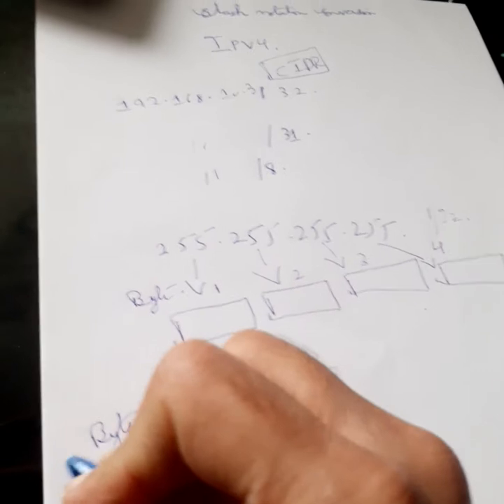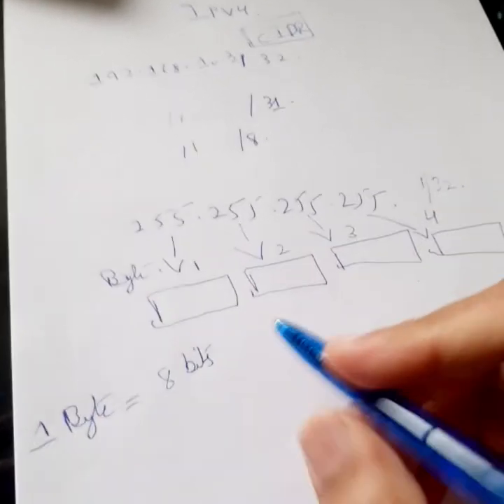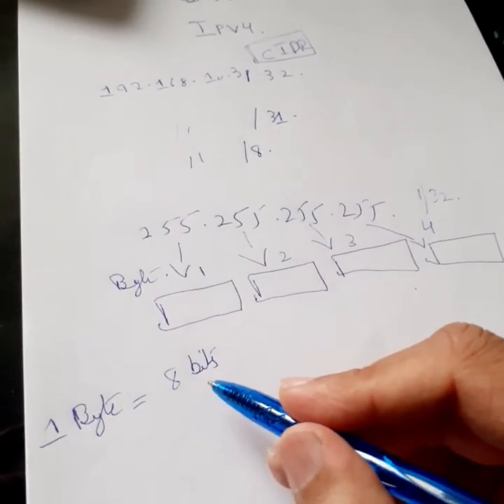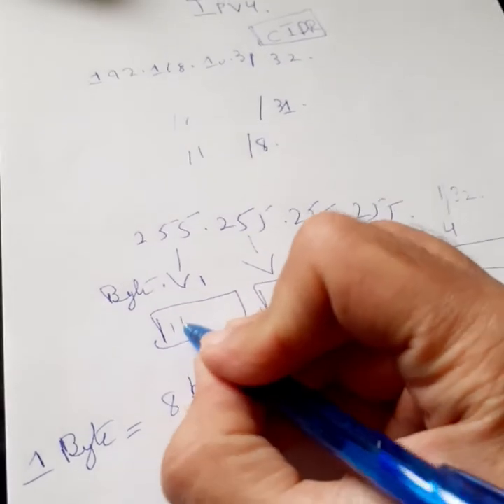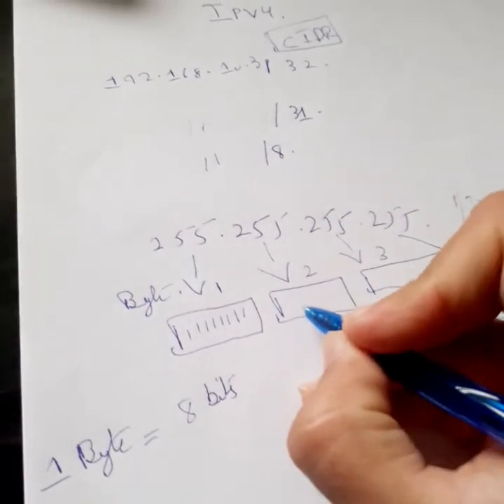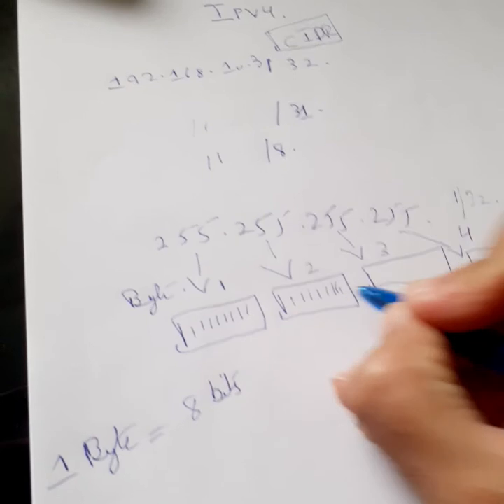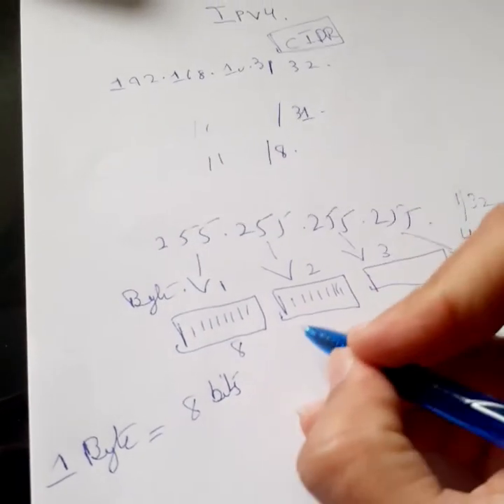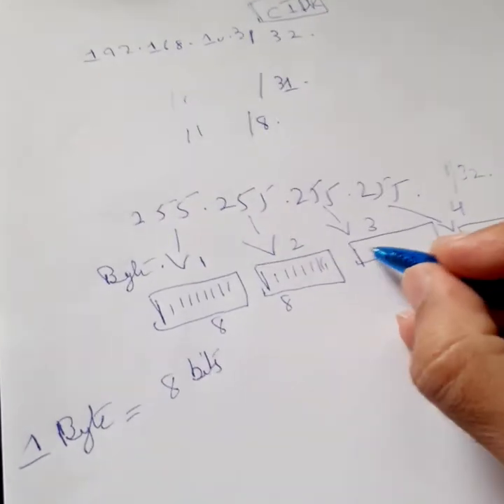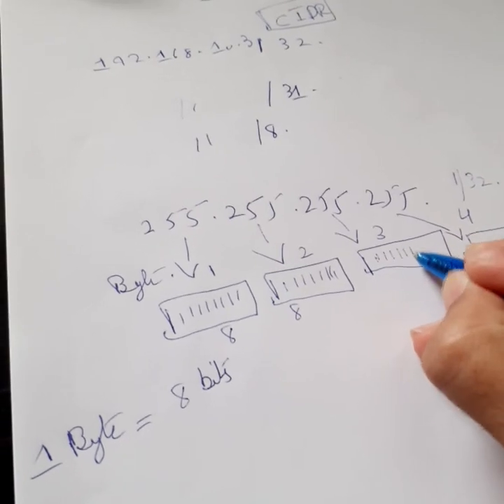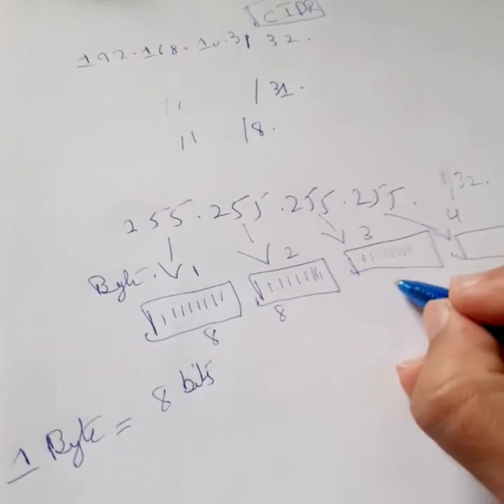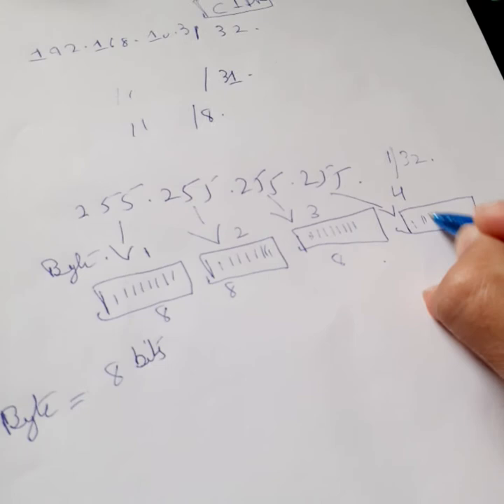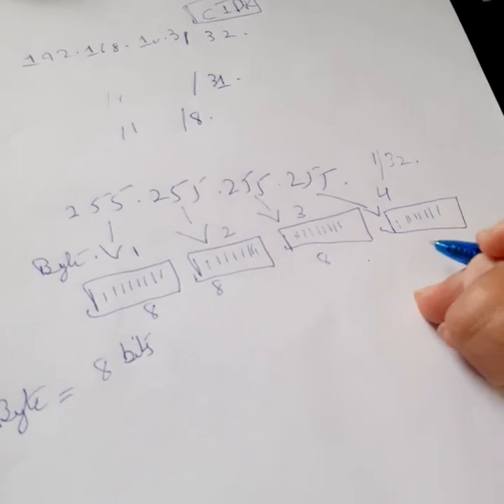So 1 byte is equivalent to 8 bits. Remember: 1, 2, 3, 4, 5, 6, 7, 8. Similarly, we put 8 here, and 8 here, and 8 here.